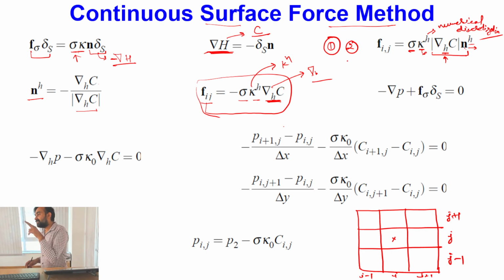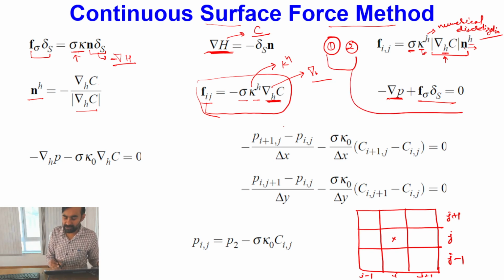Now, what are the forces remaining? The forces remaining are only the pressure force, which can be because of curvature, and the surface tension force, which will be acting at the interface. So my momentum equation for this type of situation will be only minus gradient of P plus F sigma into delta S equal to 0. All are clear with this point?